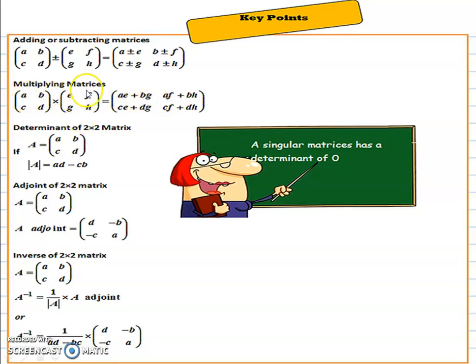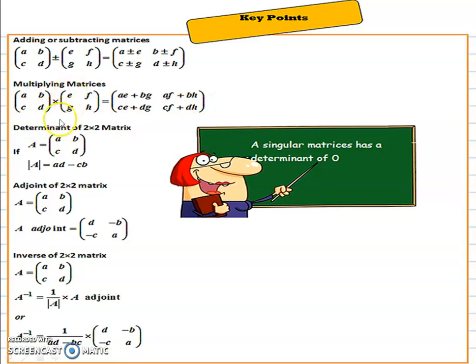Now first row, second column of the second matrix: A into F plus B into H. Now we have completed the first row of the multiplication: AE plus BG, AF plus BH.